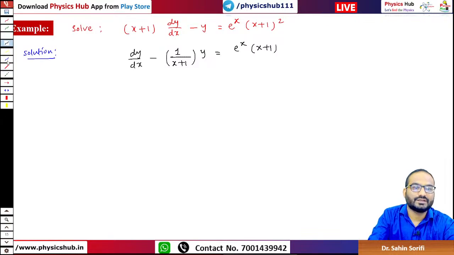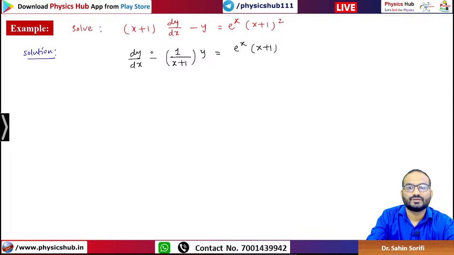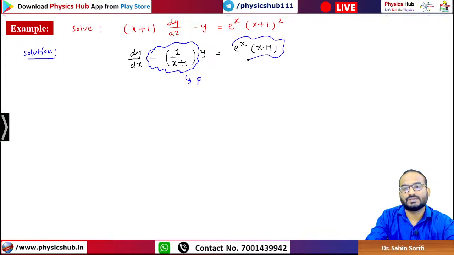From it you can easily see that this minus 1 by x plus 1 is your p, and e to the power x by x plus 1 is your q, isn't it?